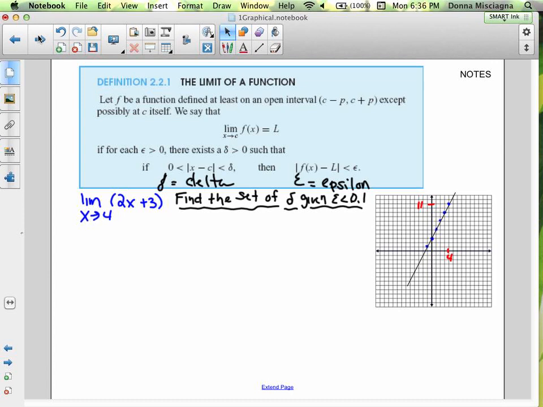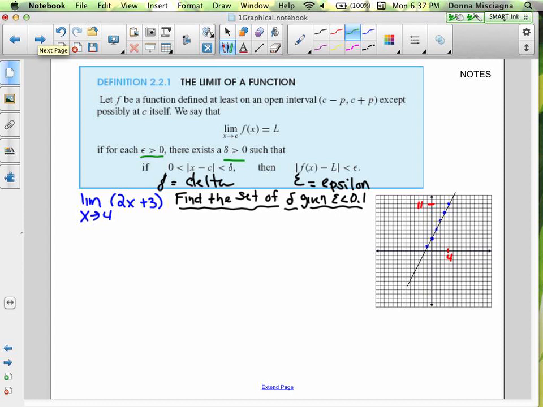So the limit of f of x as x approaches c is equal to L. This epsilon greater than 0 just means if you tell me how close I have to be to the limit, I can tell you how close you have to be to x. That's really all that means.